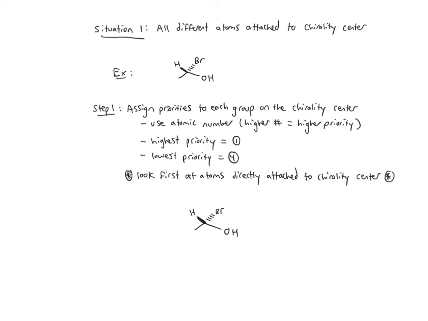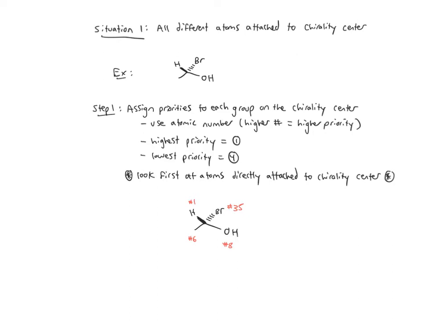So bromine, its atomic number is 35. This is where we're starting, with bromine's number 35, oxygen, atomic number 8, carbon, number 6, and hydrogen is atomic number 1. So the higher atomic number is going to be a higher priority.